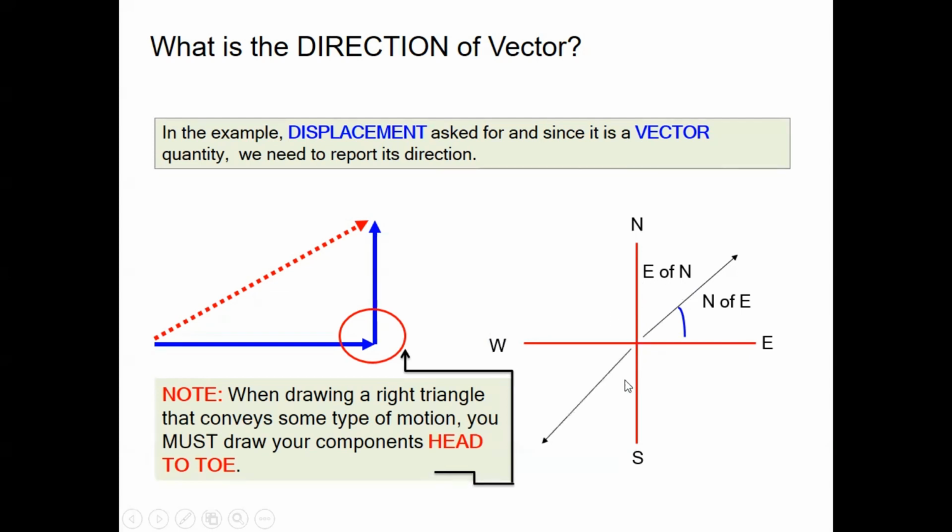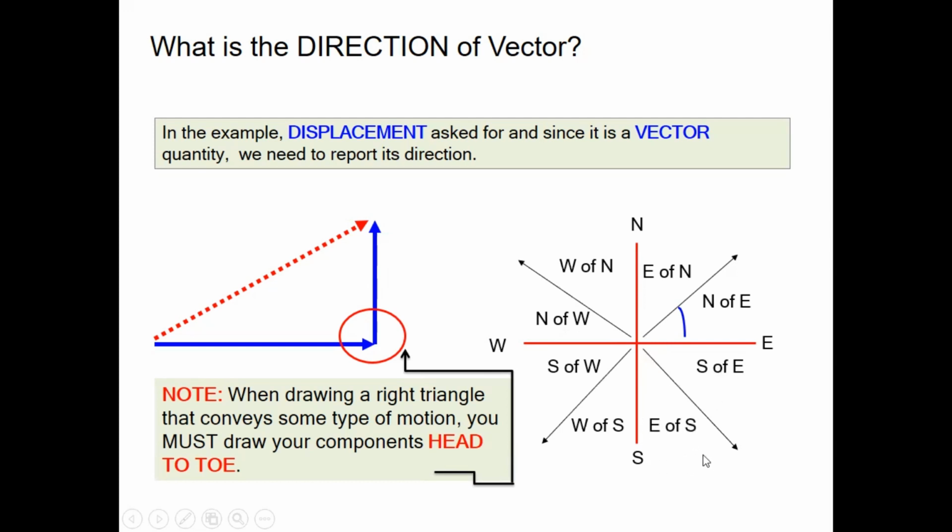Here we show the south of west, and this is the west of south. Similarly, these two, the north of west and the west of north. Similarly, here we have the south of east and the east of south.